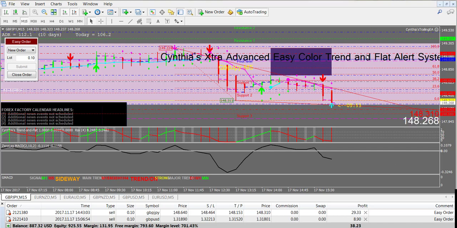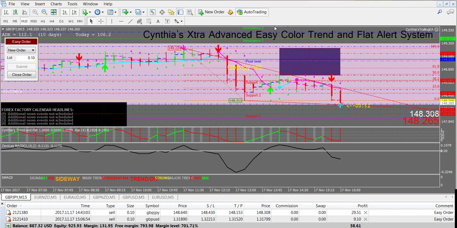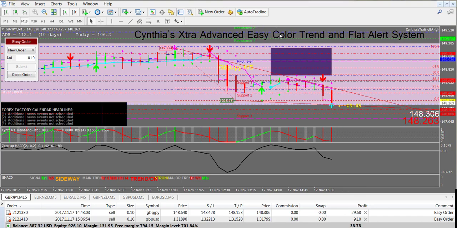So this is the only system that has everything absolutely coordinated, and you don't have to worry about getting false alerts or anything like that, because everything's totally coordinated and synchronized with the RSI filter, so that you're not buying when the RSI is overbought or selling when the RSI is oversold. It's whatever time frame you're trading in, that RSI is working as a filter. If you switch to another time frame, the RSI filter will change, of course.